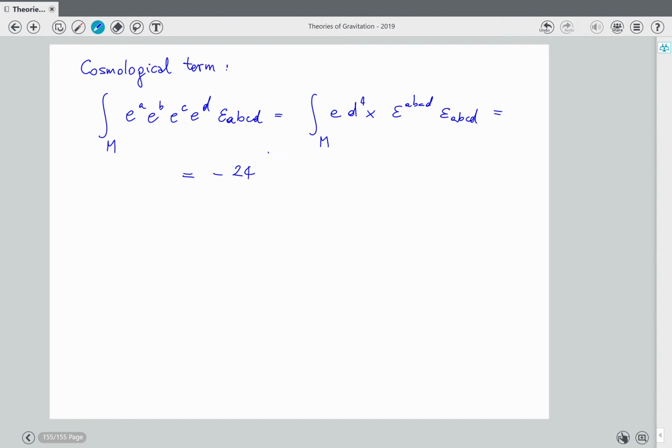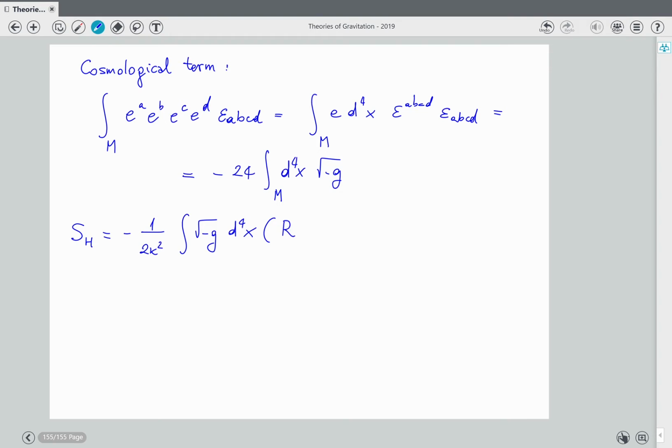So this is minus 24, the integral d⁴x square root of minus g. So this way we can normalize the cosmological constant. Normally the Hilbert action with the cosmological constant, which we might call Einstein-Hilbert action, because Einstein was the one who introduced the cosmological constant, can be normalized. So this is a convention that we will adopt like this.